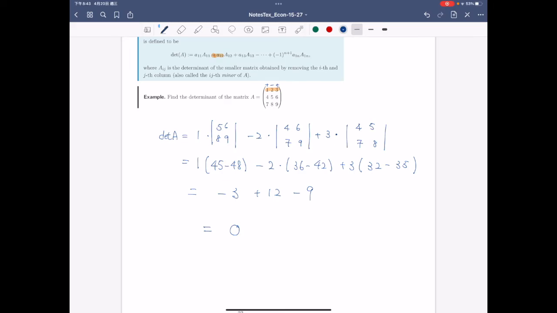But actually, I know a priori that the determinant of this matrix is 0. Because, spoiler alert, okay? Why do we talk about determinant here? Because the determinant of a matrix equaling 0 is equivalent to the rows being linearly dependent.